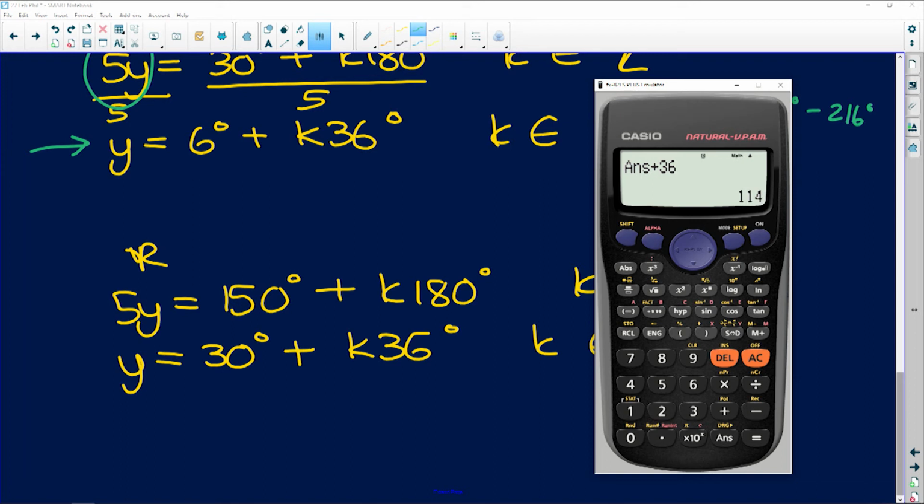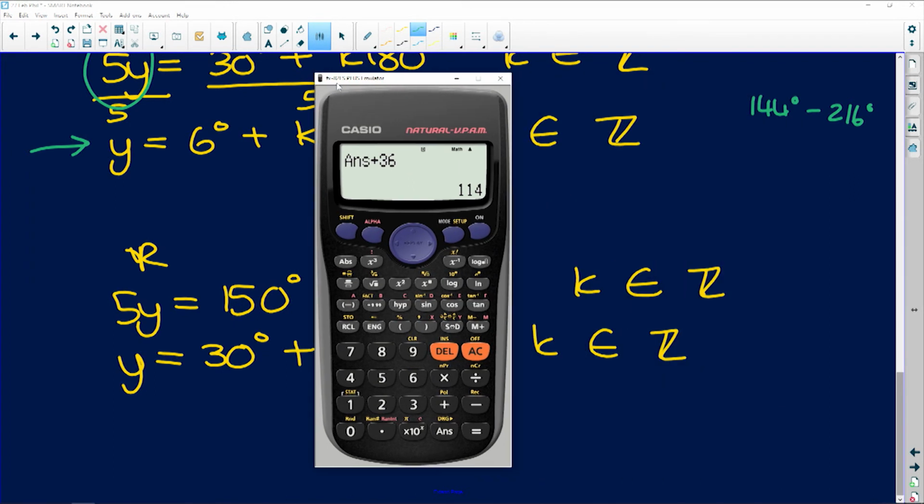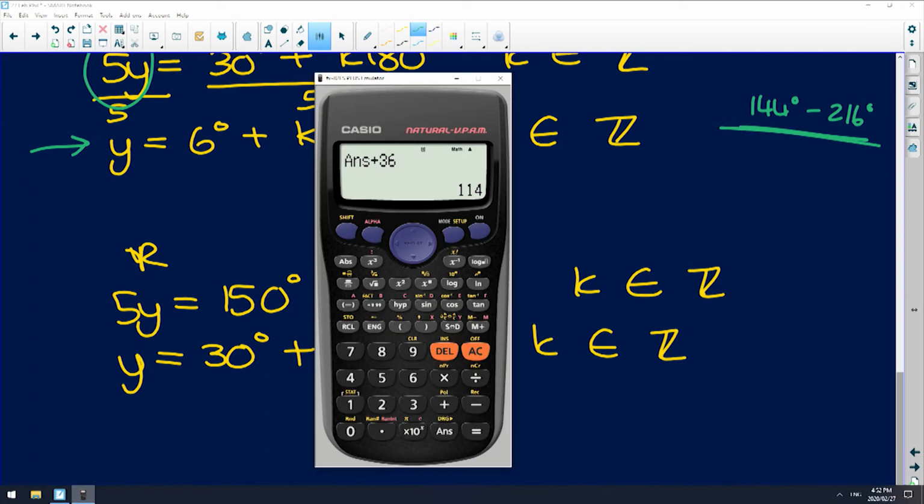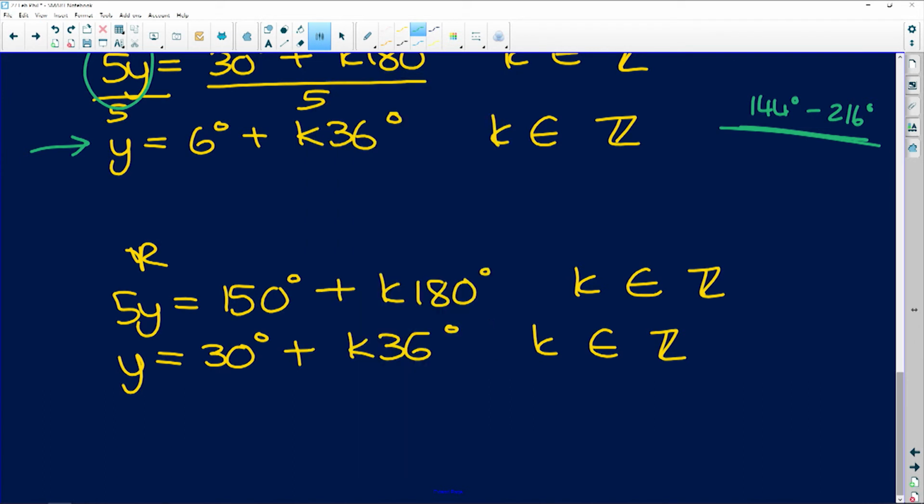So you keep adding 36 until you get into this interval over here. So, still not there, so we need to keep adding 36. Aha, 150. So the first one is 150 degrees. That is a specific angle in that interval.